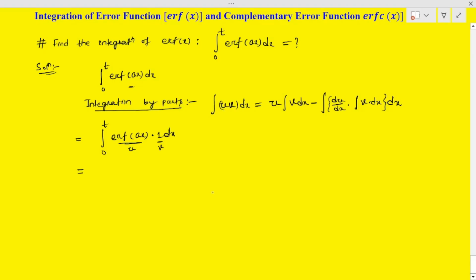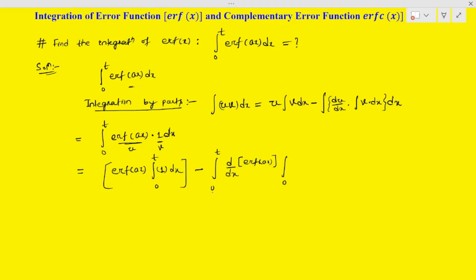So what we can get? Error function ax is your first function, times integration of 1 with respect to dx, then minus the integral from 0 to t of the differentiation with respect to x of the first function, that means error function ax, times the integration of the second function, that is 1 dx, and whole integration with respect to dx.